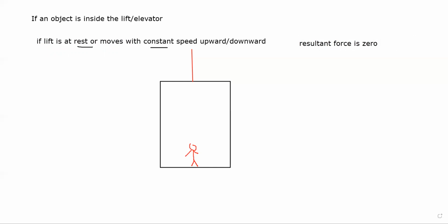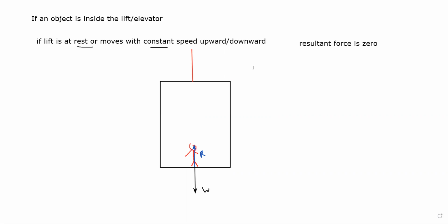So what happens? The weight of the person is acting down, and the normal contact force R is acting up. If I say the weight of the person is 600 Newton, then the normal contact force will also be 600 Newton.